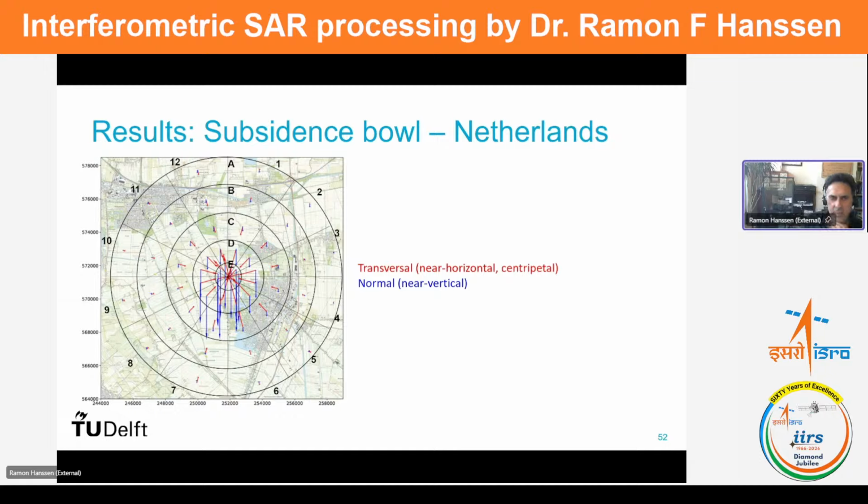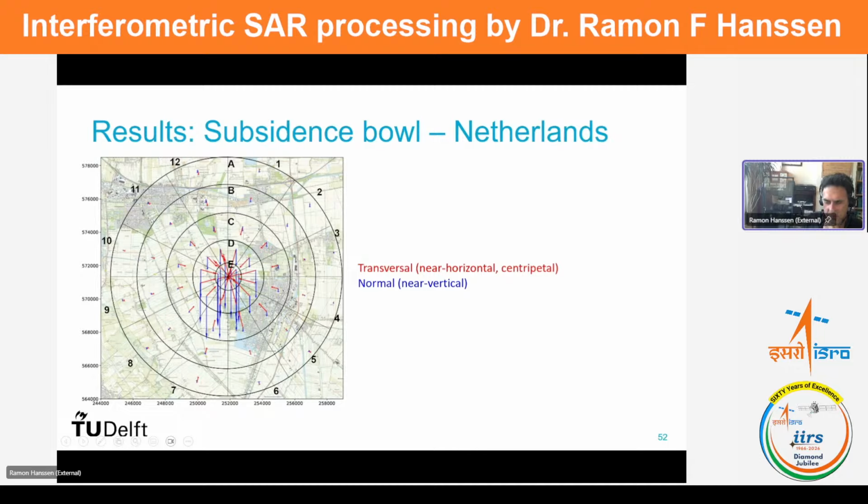So here you see, again, a subsidence bowl somewhere. There's salt mining going on here, but the purpose doesn't really matter that much. And what you see is that we identified this kind of bullseye pattern, A, B, C, D, E, and then 1 to 12 in terms of segments. And here we bluntly took all the scatterers within one of those frames to estimate the motion of that particular region of uniform motion. So here the number A12 is bigger, and the number D1, for example, is a bit smaller.